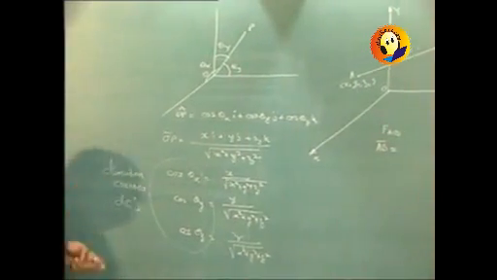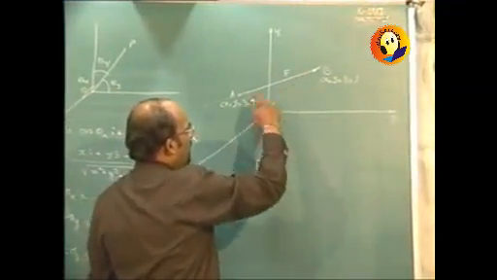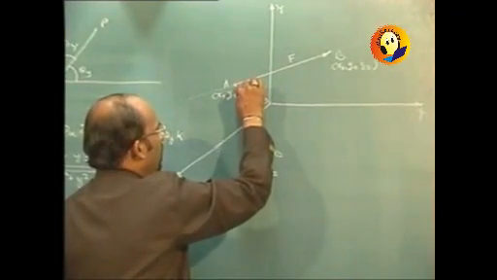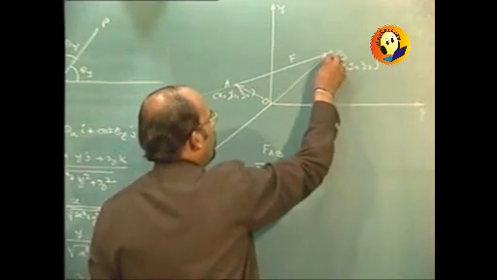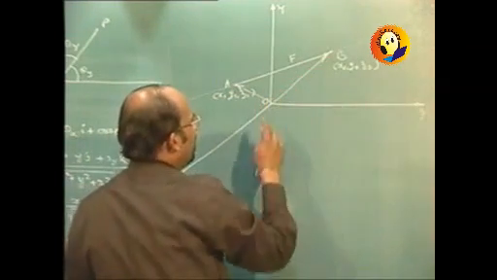Going back to our earlier example, where I have a vector AB bar and a force acting along it. Now if I connect point A to point O and point B to point O, you will find that this forms a triangle.